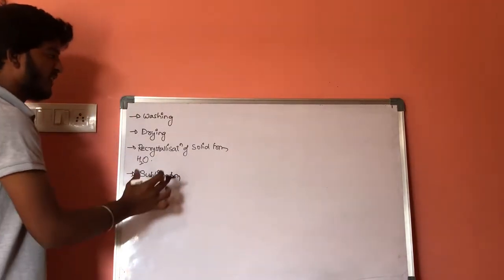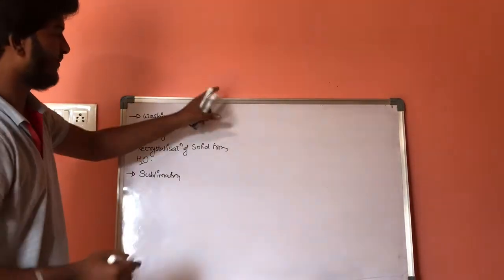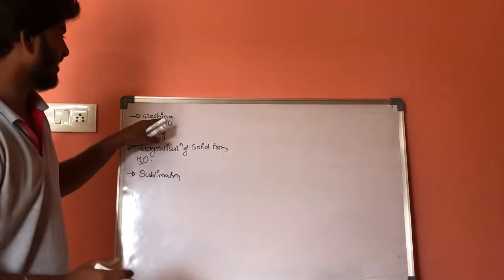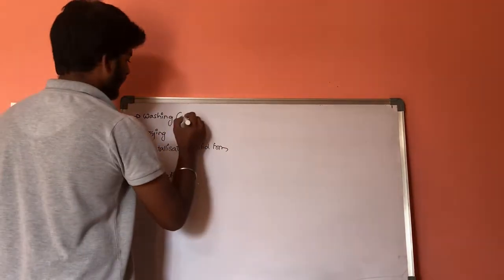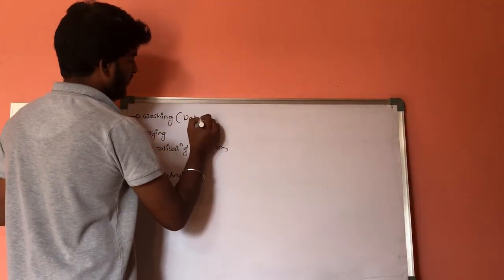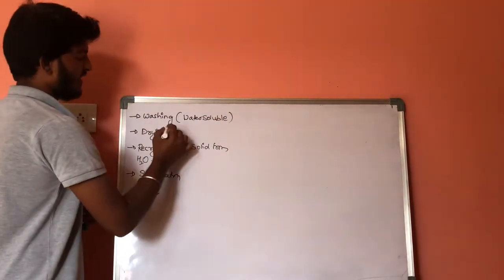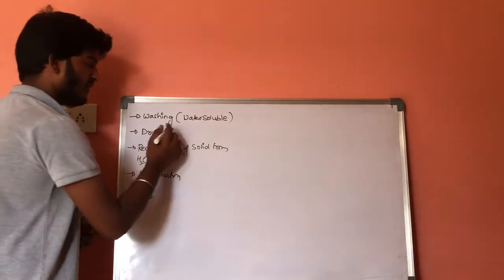These are the four methods which are used to minimize the impurities present in the chlorides, sulfates, and other heavy metals. This washing is based on water soluble substance. And this drying is done to the substance which are present in air.